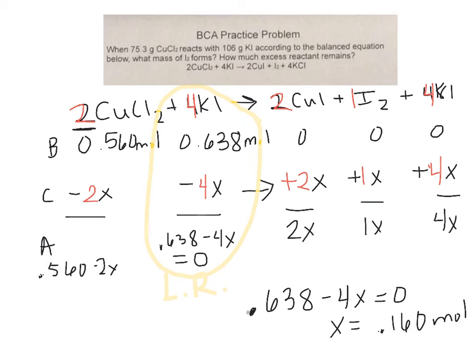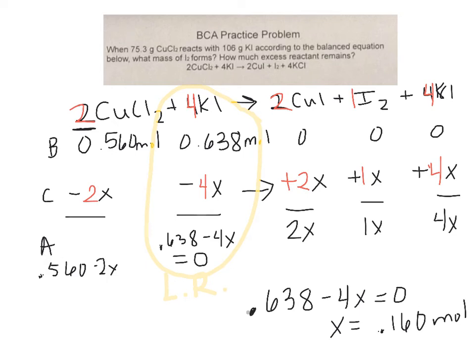For example, if someone had chosen in this problem for the copper 2 chloride to be limiting and set that equal to 0, they would have seen right away there's a problem with their math and start again. Okay, so I picked KI, but again, I had an educated guess. If you pick the wrong limiting reactant, it's okay, you're just going to have to start over and figure out the other one is limiting.